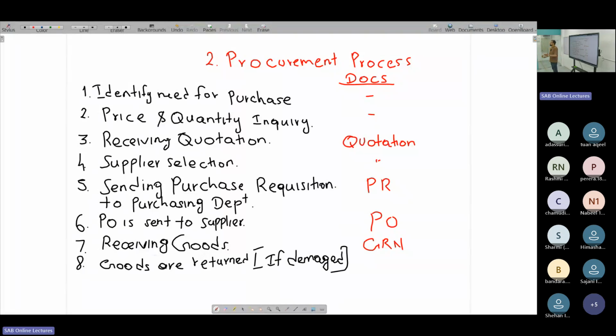I'm asking from the buyer's point of view, not the seller's point of view. When we are returning the goods, what's the document we are using? Debit? No.